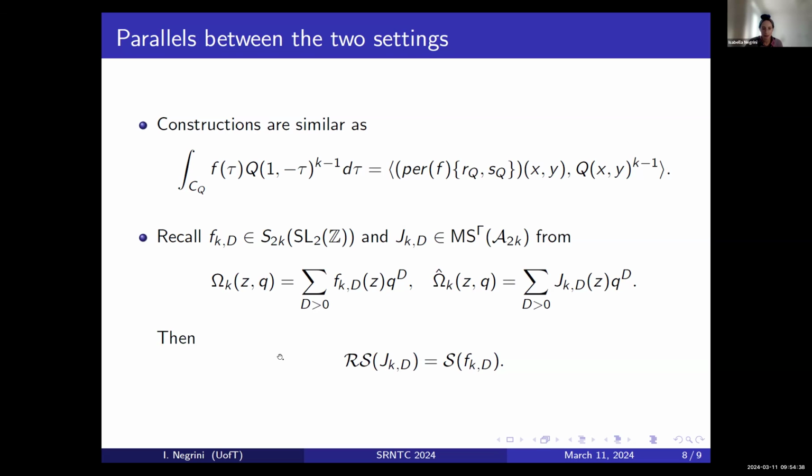So if you compute the rigid Shintani map of the rigid cocycles JKDs, this is equal to the Shintani map of the Zagier forms FKDs. I mean, actually here I am being a bit not precise, because it's not exactly FKDs, but it's some level P analog of them. Okay, because one can define, because these FKDs are for SL2Z, but you can define level P analogs of them.